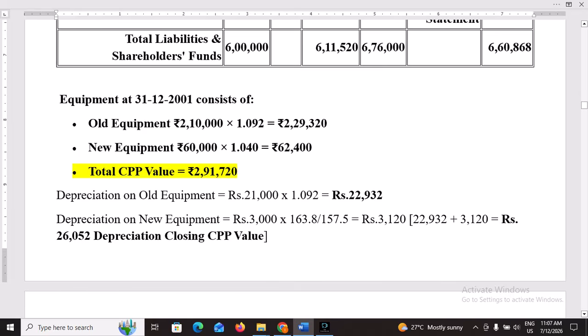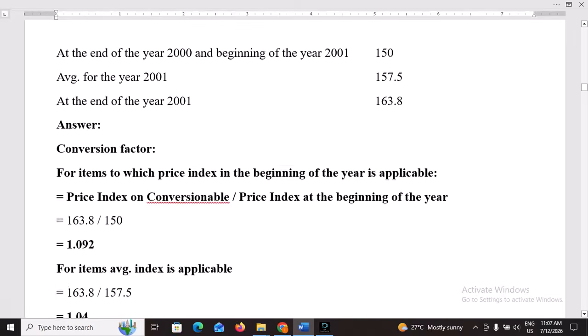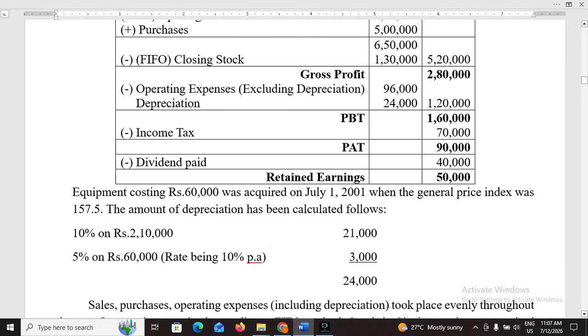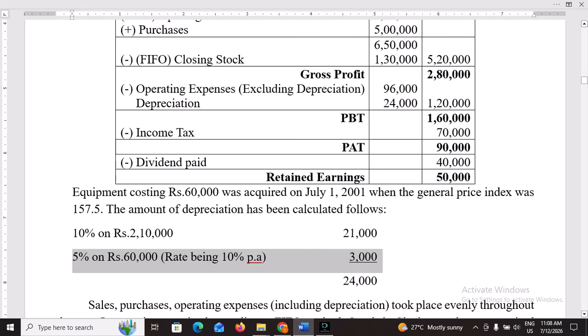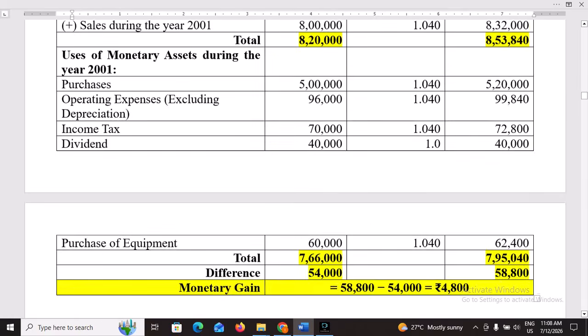Depreciation on new equipment is rupees 3,000, already given.